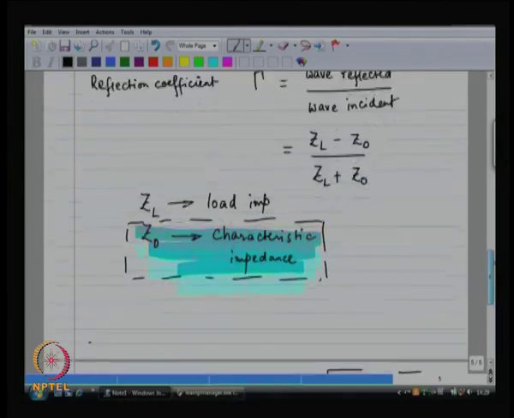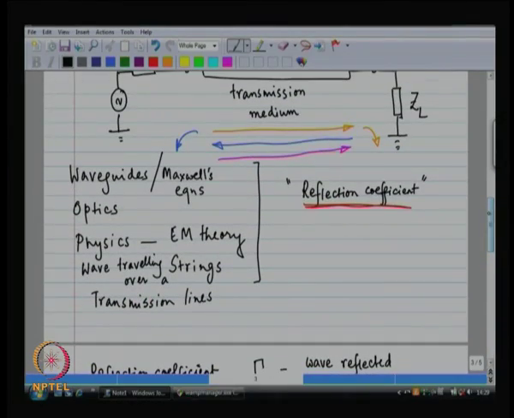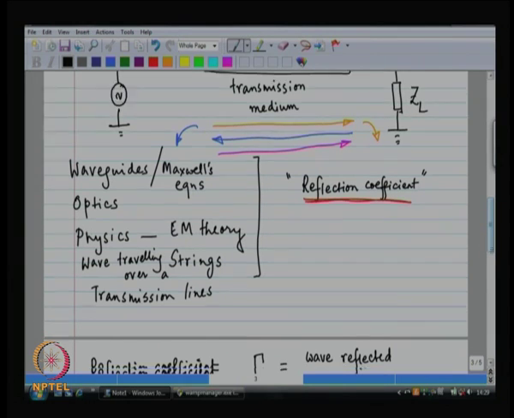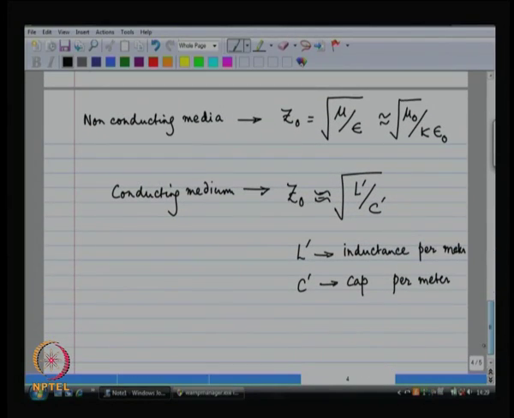Now, these formulae look similar under all of these different theories, waveguides, optics, strings, waves traveling over a string, you will get very similar looking expressions. They might be a tad different for mechanical vibrations traveling over strings, for example.